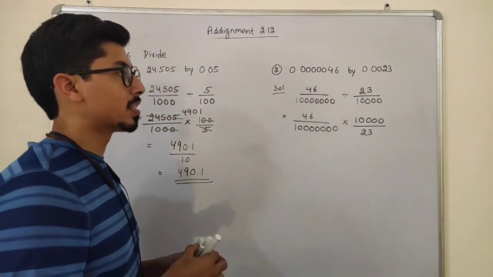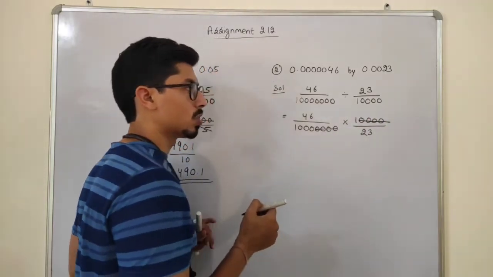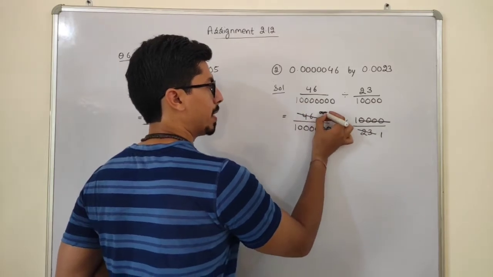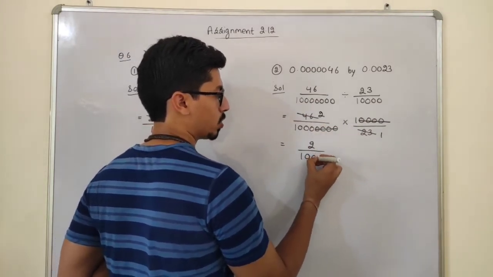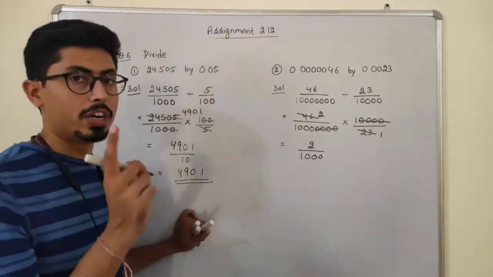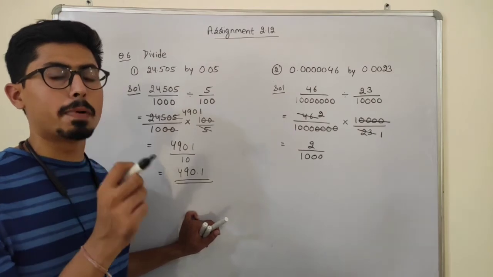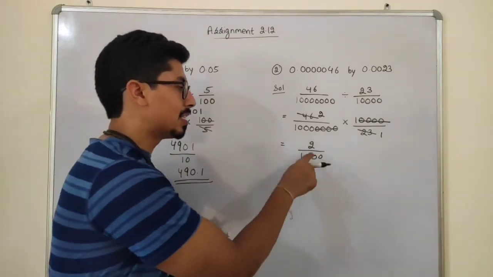Now students, these 4 zeros cancel out with these 4 zeros. Now 23 into 1 is 23, 23 into 2 will be this number. So the answer will be 2 upon 1000, students. I have already told you that if the denominator is a multiple of 10, that is 10, 100, 1000, 10,000 or something like this, never cancel the numbers.